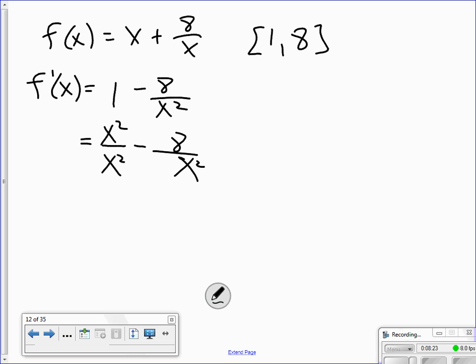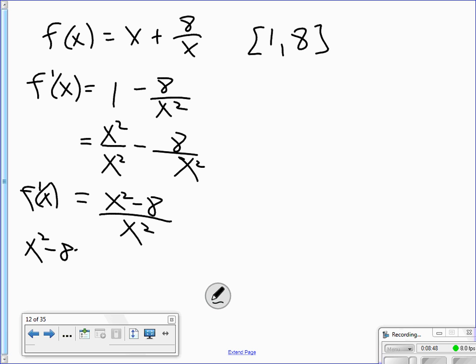Now we can combine these, so our derivative is equal to x squared minus 8 over x squared. Critical values occur when the derivative is 0, so when the numerator is 0, or when it's undefined, when the denominator is 0. So let's set the numerator equal to 0: x squared minus 8 equals 0.